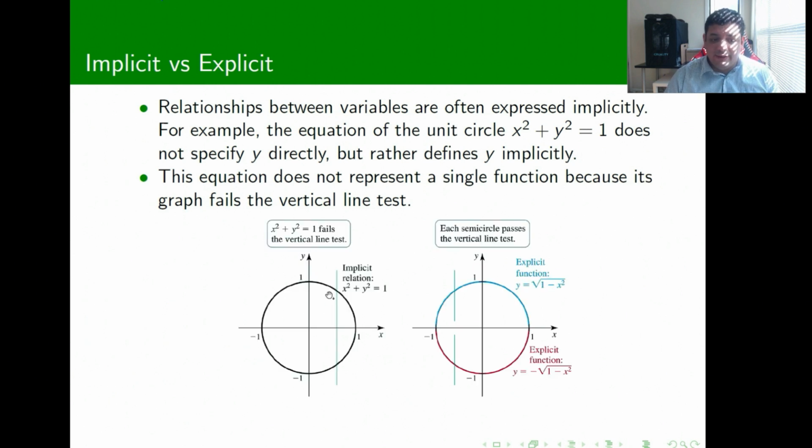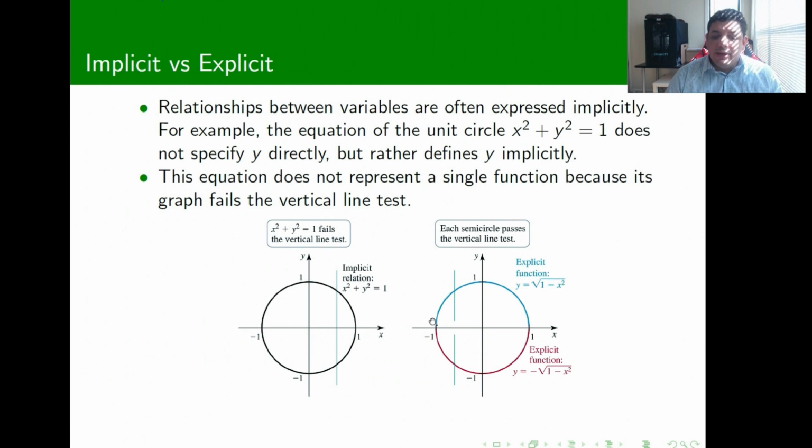So we have this situation here where we have a circle, and of course, if we just draw a line, it's going to intersect 2 points. So this is not really giving me a function. However, it gives me 2 functions, which is the function y equals the square root of 1 minus x squared, and also the function below, minus the square root of 1 minus x squared.